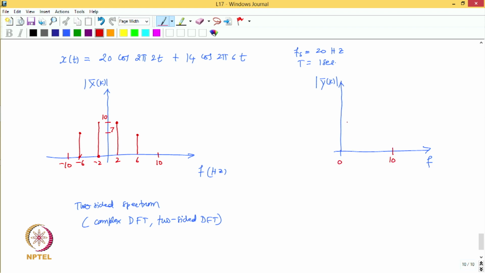We have a component at 2 hertz with amplitude 20, and a component at 6 hertz with amplitude 14. So this is a single sided spectrum.